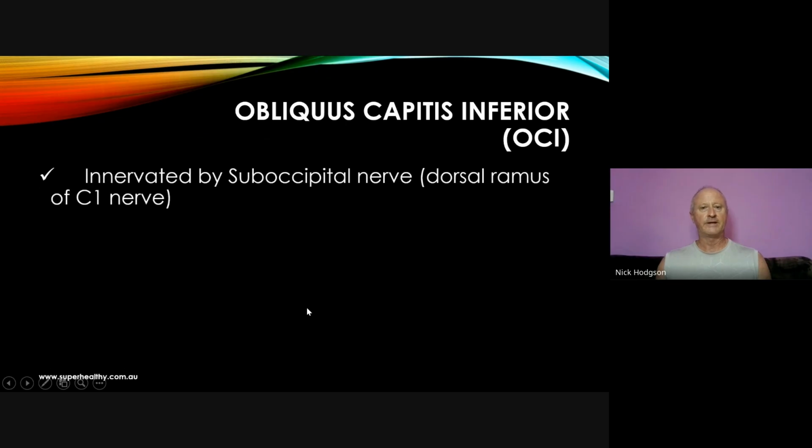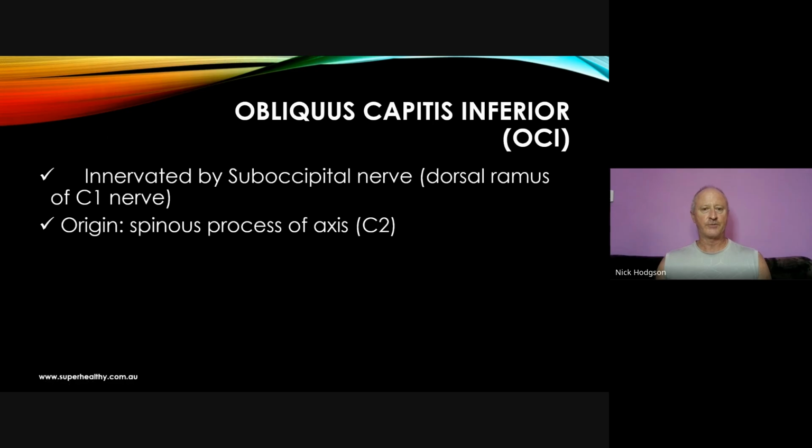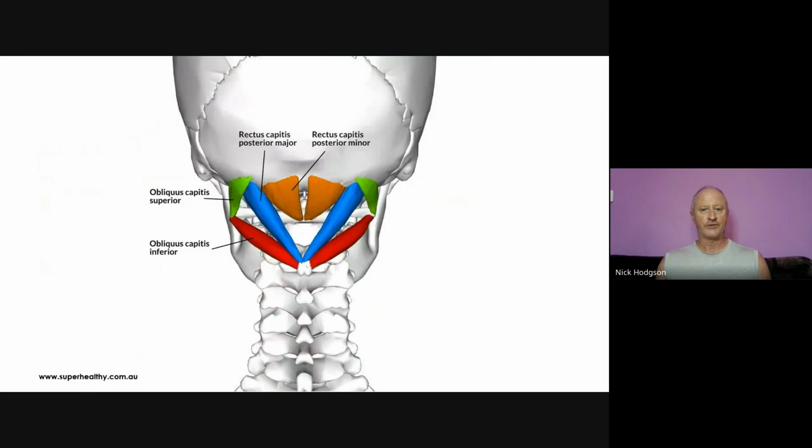So again, innervated by the same nerve supply. This origin comes from the spinous process of the axis, and then the insertion is in the transverse process of the atlas, C1. So as we can see here, these three muscles, the rectus capitis posterior minor here, left and right sides, quite medial, coming from C1 to the occiput.